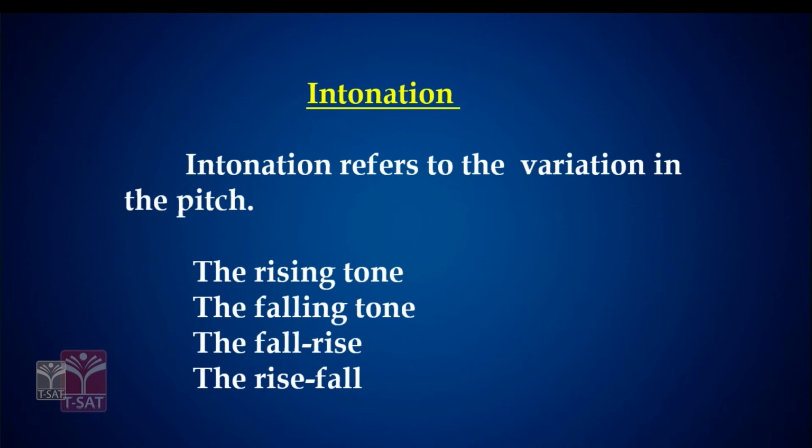It refers to the variation of the pitch. If you keep saying a word continuously, for example pen, pen, pen, pen, what exactly is happening? The pitch is fluctuating. It is going up and coming down. It is a very natural human phenomenon, the pitch variation, which causes intonation.